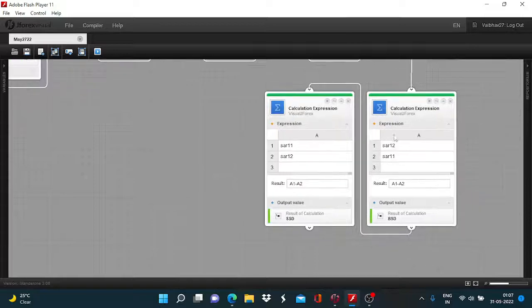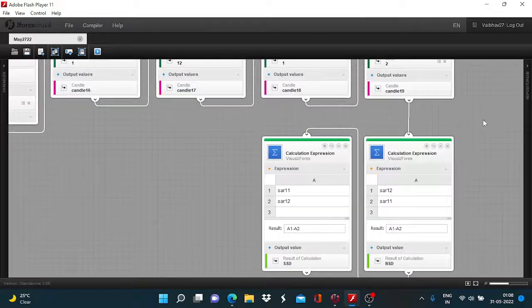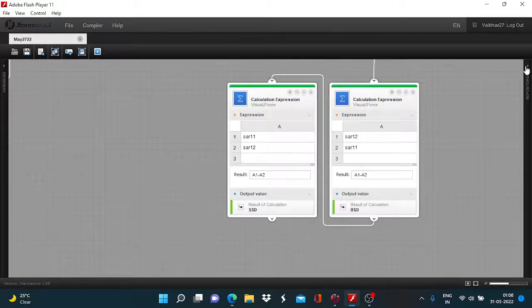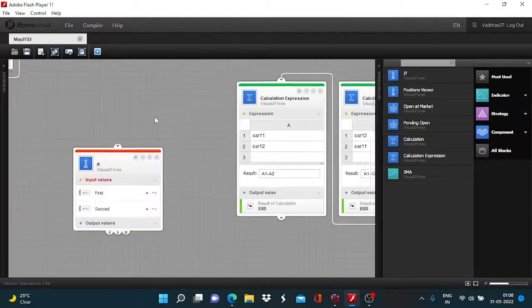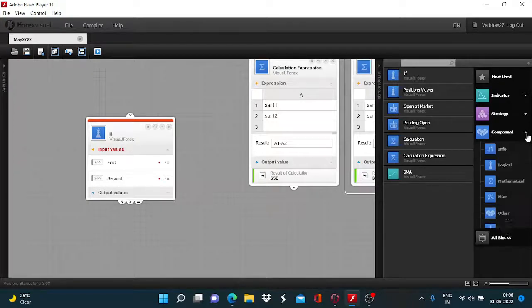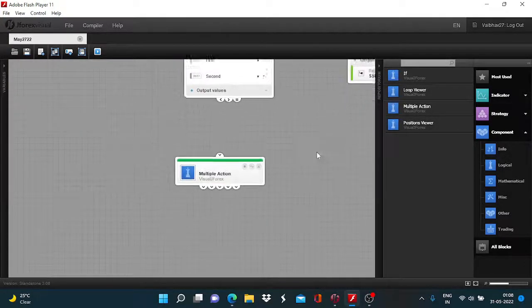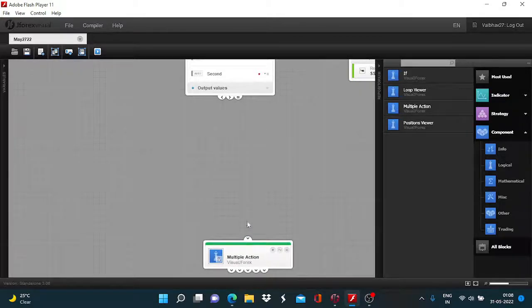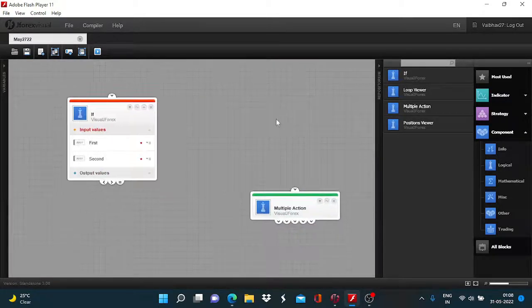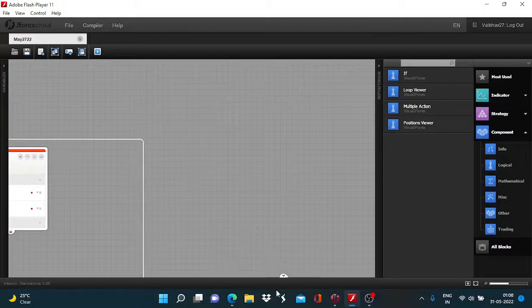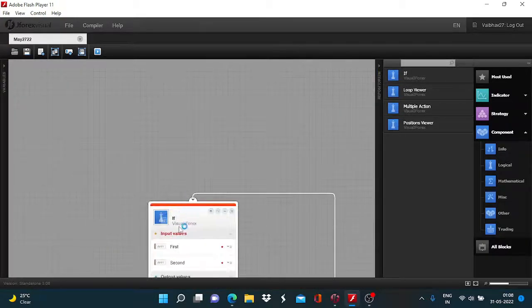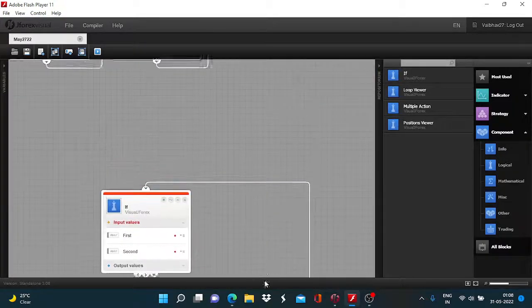Now we have to define the conditions for the execution of the trade, and for that we are going to need the logical component multiple action first. I will join it to the if block and place it on the lower side. All right.